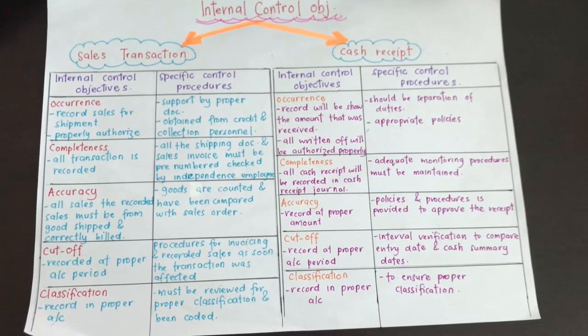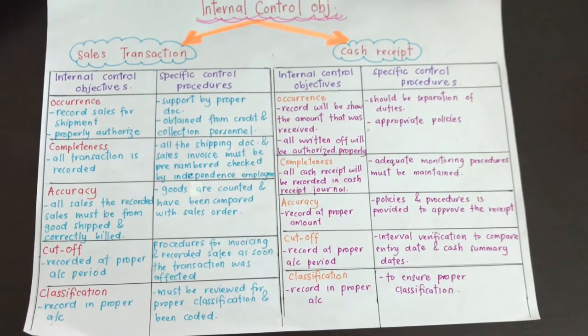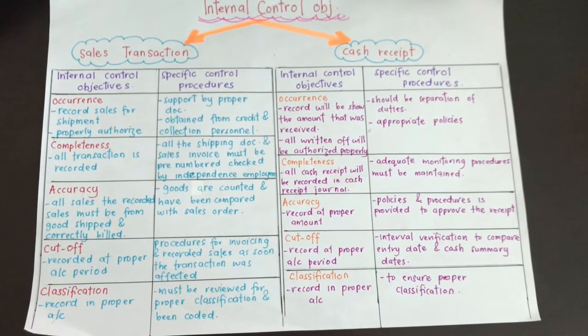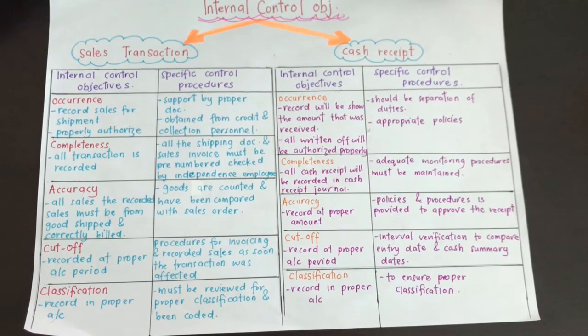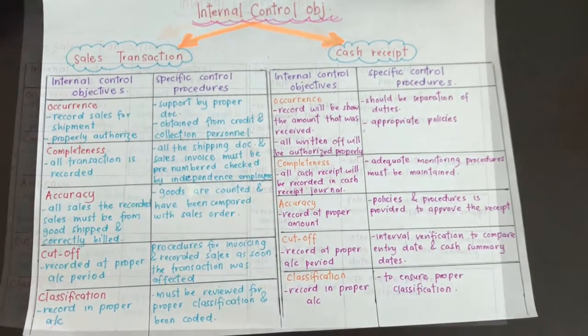Meanwhile, the specific control procedures are invoicing and recording sales as soon as the transaction is effected. Classification, as an internal control objective, means sales are recorded in the proper account. The specific control procedures are that they must be reviewed for proper classification and coded by type of product.